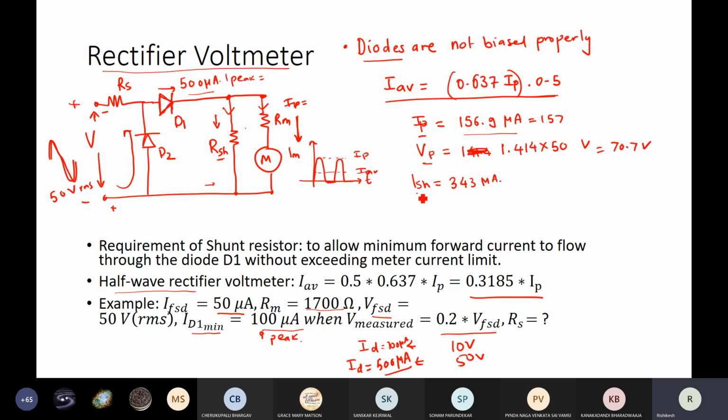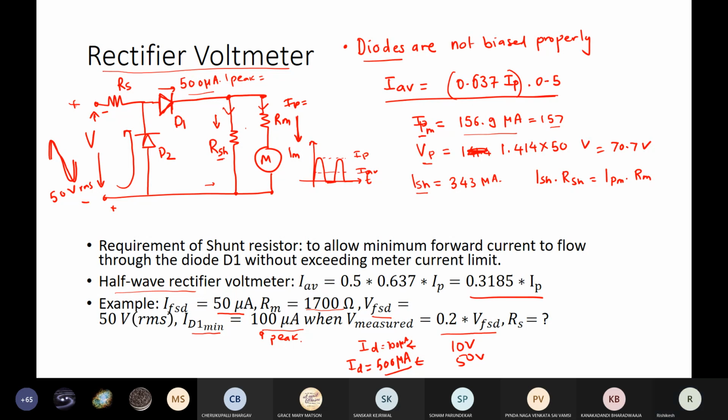Now we have ISH, and we have I peak flowing through the meter, let's say IPM. Now can you calculate RSH? Is it true that ISH into RSH is equal to I peak into RM?